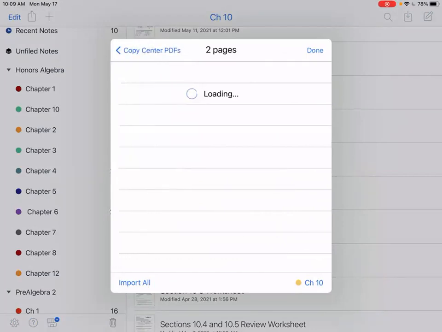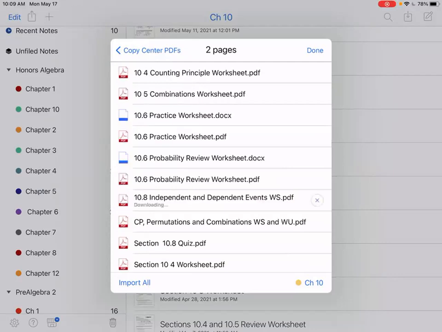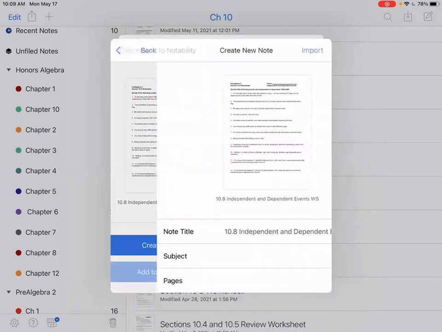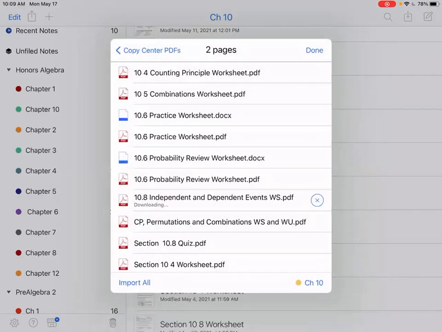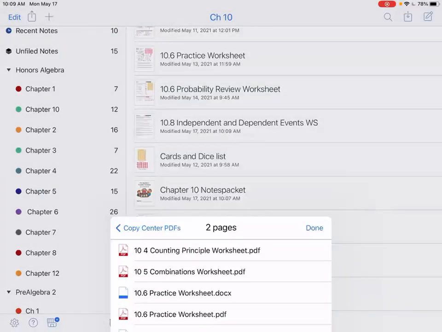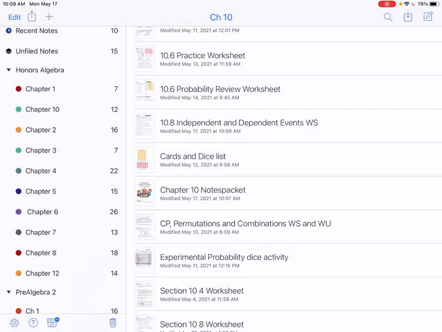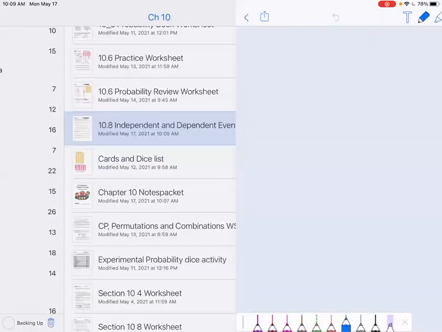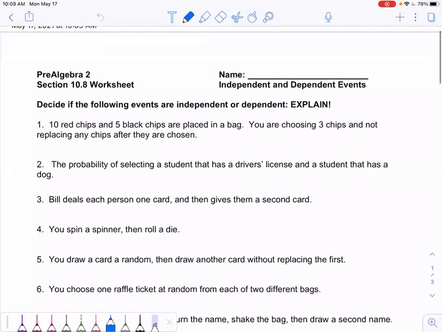So the first group of problems, you're saying independent versus dependent. There's no work really necessary for them. Third one down. Okay. So let's do odds real quick. 10 red chips and 5 black chips are placed in the bag.